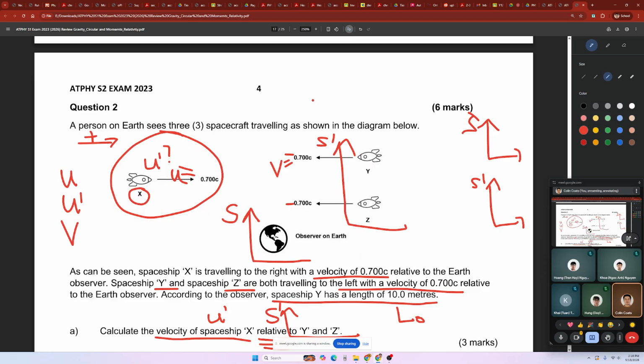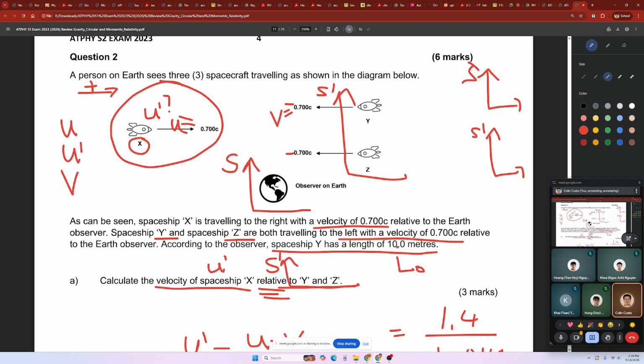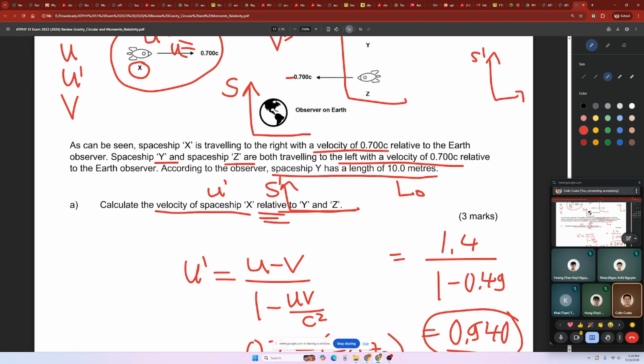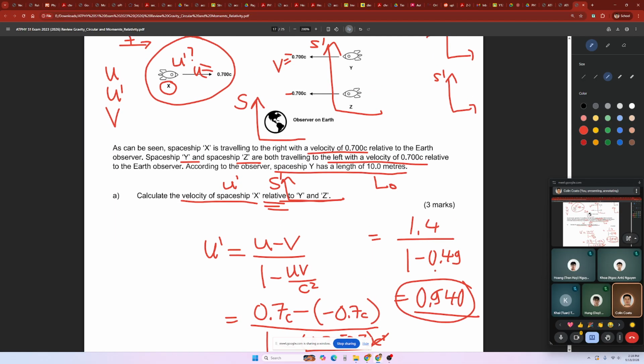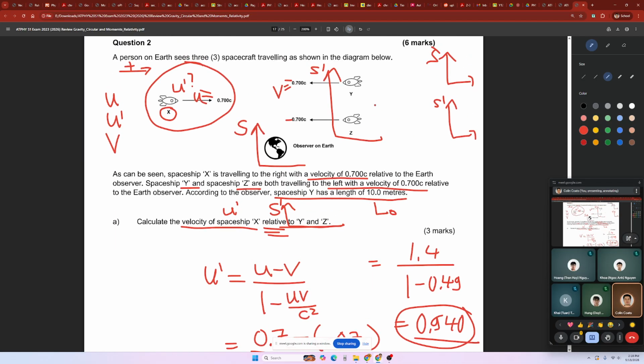Here's Y. If this is the velocity of X approaching Y, then that's going to be the same velocity of Y approaching X, but in the opposite direction. So that means this Y will have a length contraction relative to X, right?